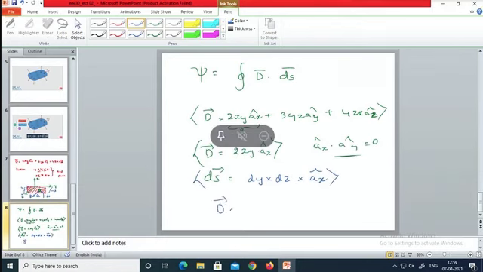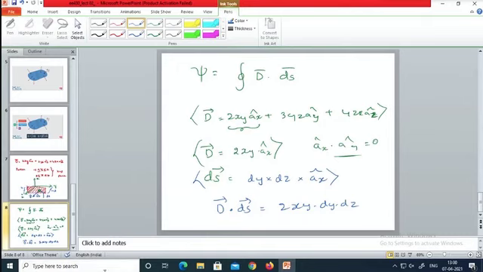Take the dot product of this with the ds vector. So you will get 2xy into dy into dz. Am I right here? And ax cap dot ax cap is what? 1, because it is a unit vector, and they are parallel, so the angle between them is 0, and cos 0 is 1.